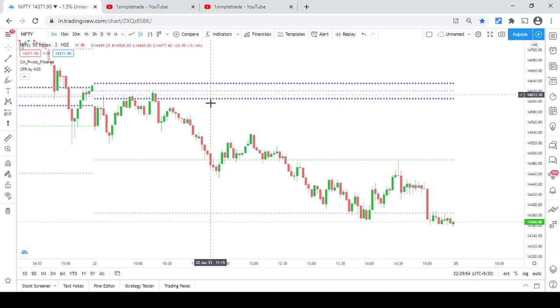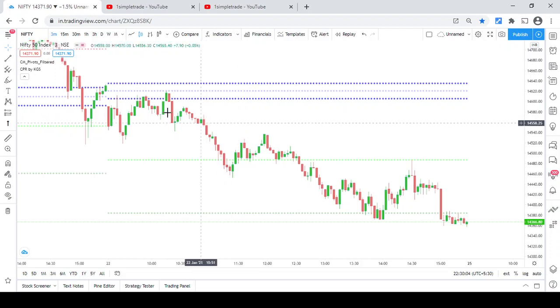And why I do this is, if you have these dark lines plotted on your chart, then when the price is moving, you think that it will not break it, or if you want to take a trade and there is a line close by, you will not take it because you think, oh, there is a resistance over here, but it may just break it.